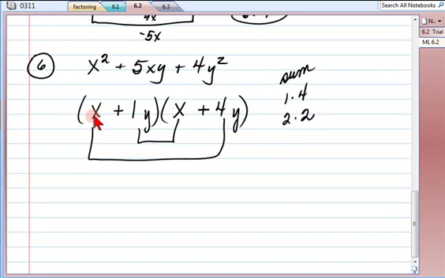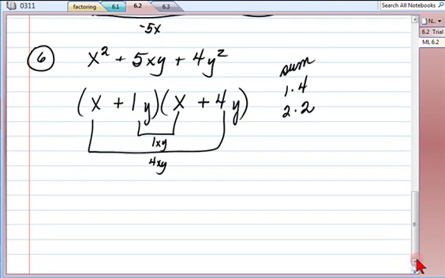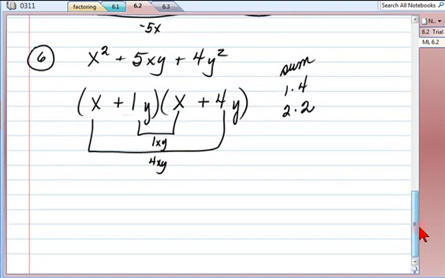Check it. x times x is x squared. Outer product is 4xy. Inner product is 1xy, even though the 1 is not usually written. Add them up for 5xy. Product of the last, 4y squared. If you were typing this into MyMathLab, most probably you would just type in x plus y times x plus 4y.